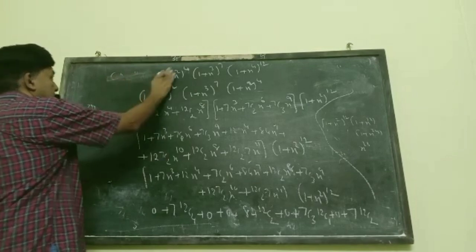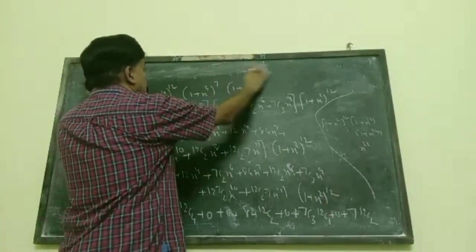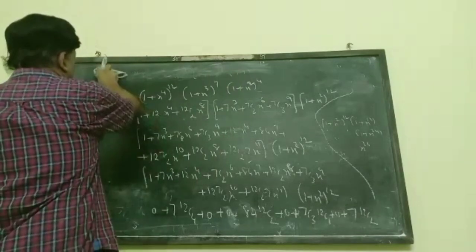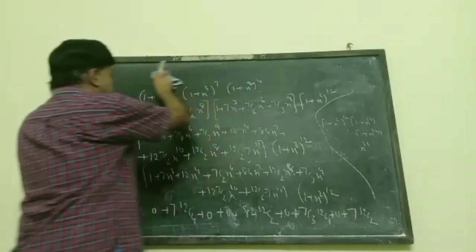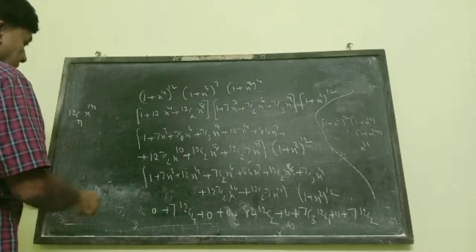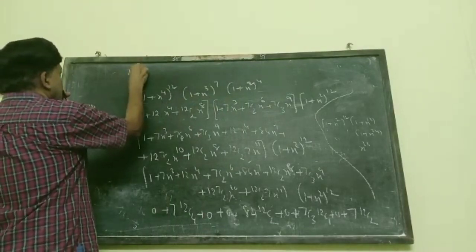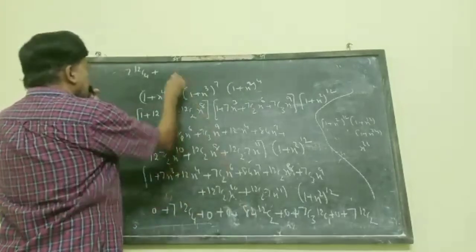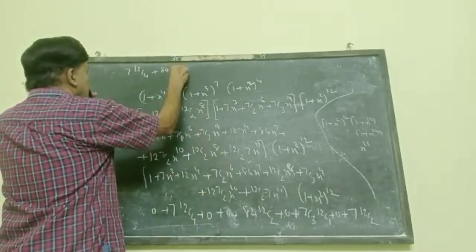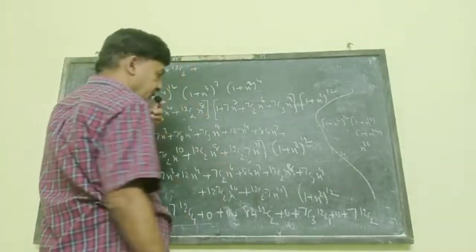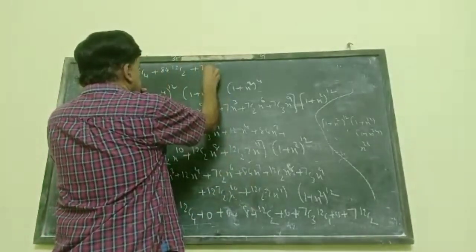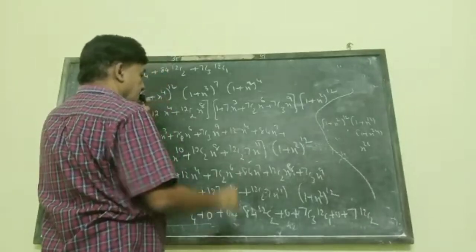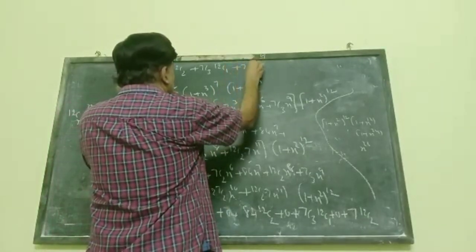Okay, followed. So finally, your answer is how much? Finally, your answer happens to be 7 into 12C4, plus 84 into 12C2, plus 7C3 into 12C1, plus 7 into 12C2.